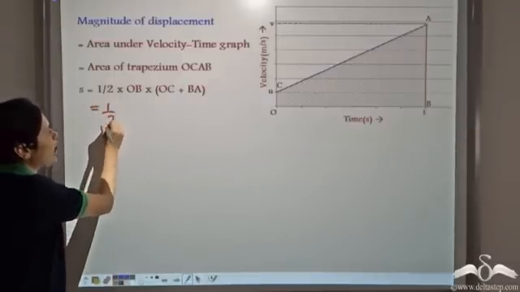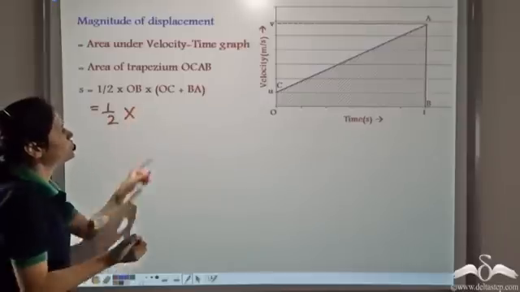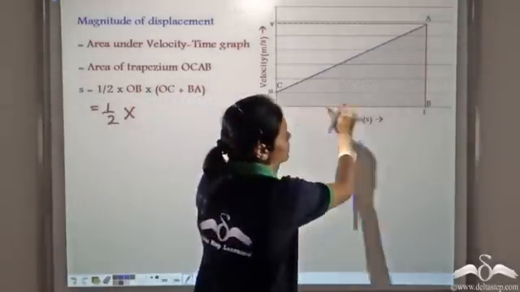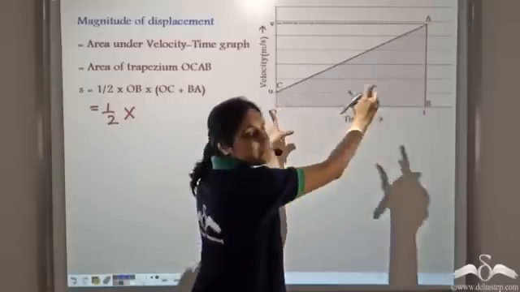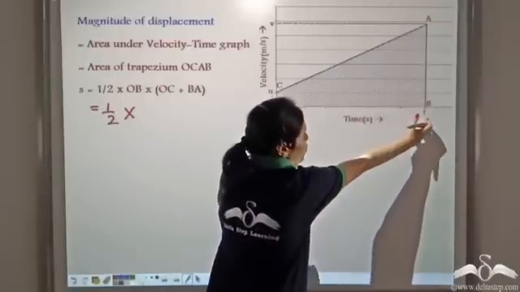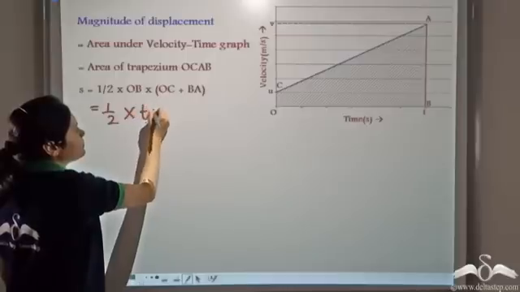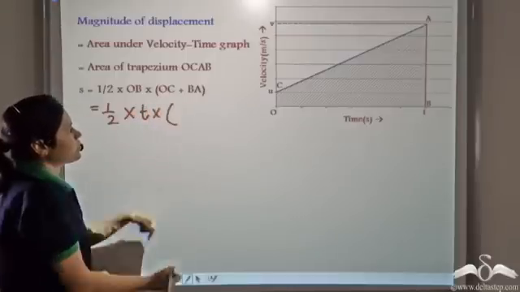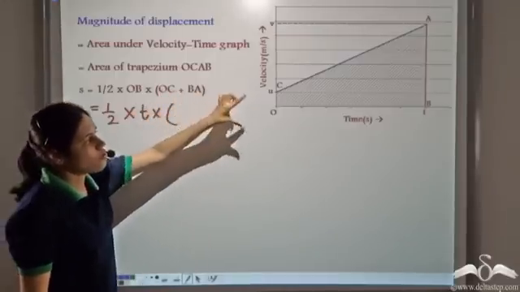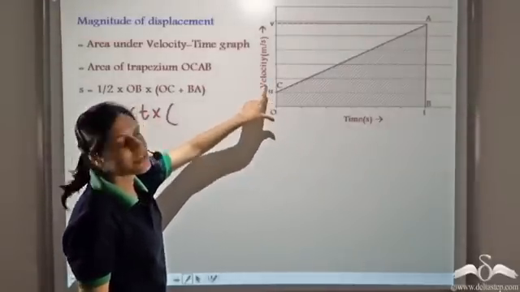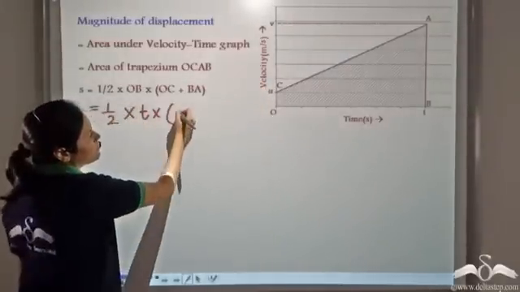This is equal to half into what is OB? OB is this distance. This is equal to the total time taken, which is T. What is OC? OC is this distance, this is the initial velocity.